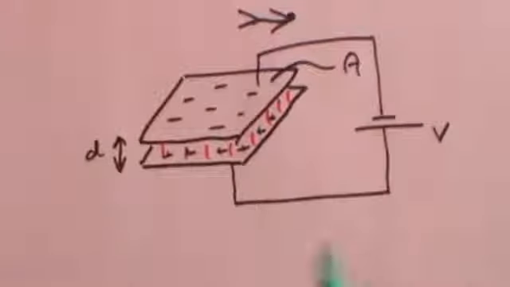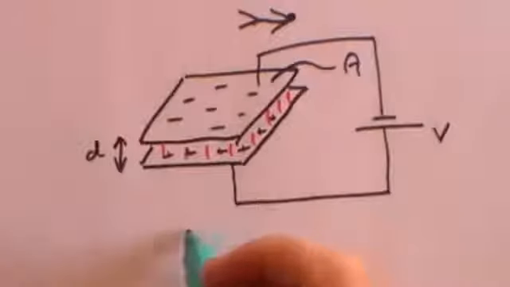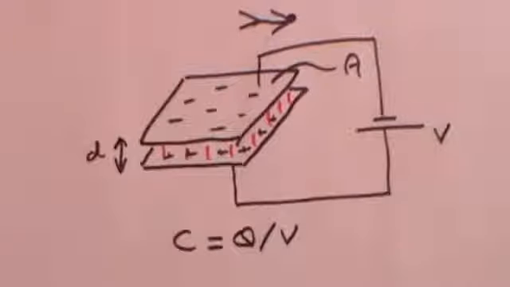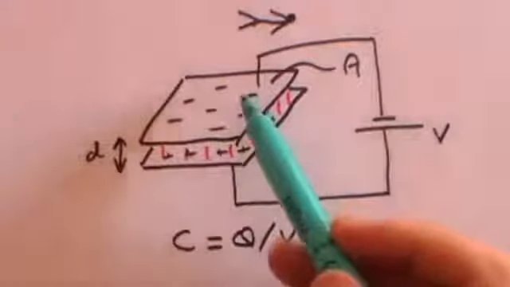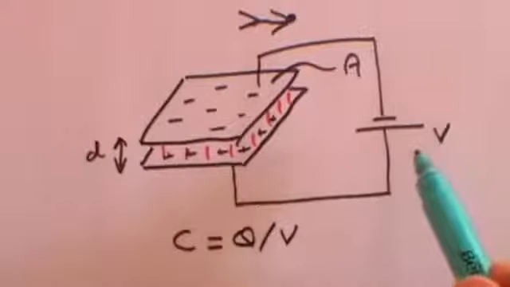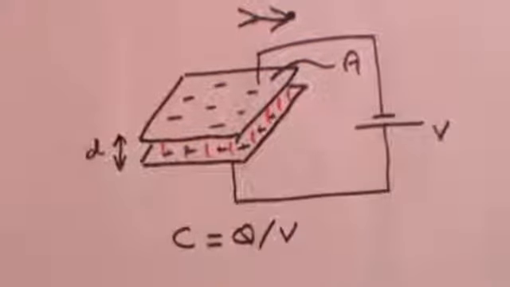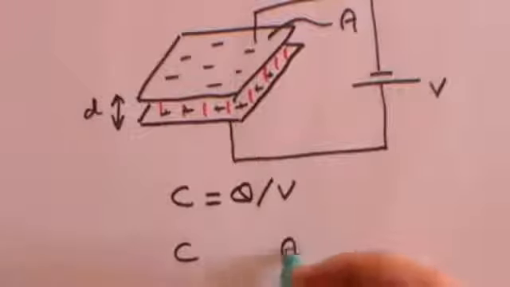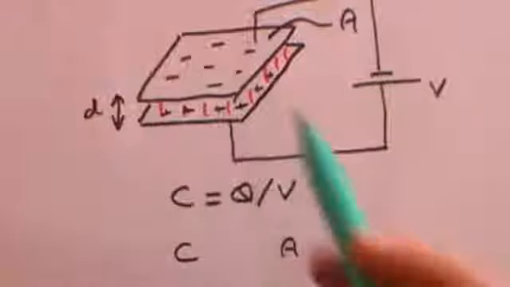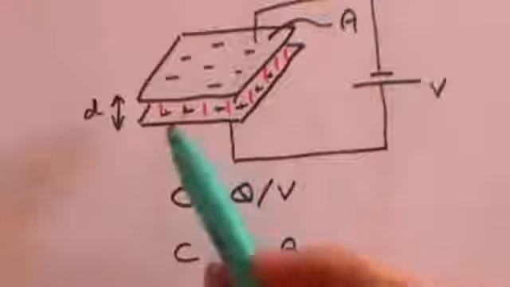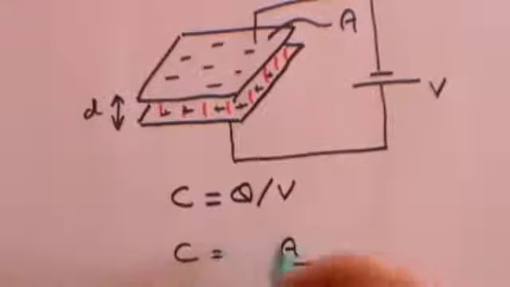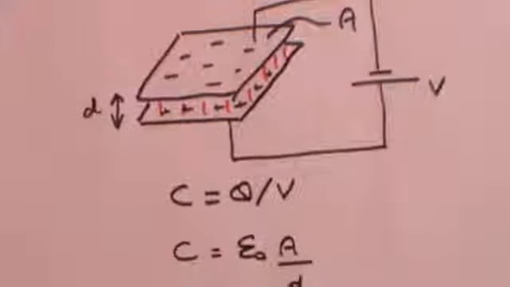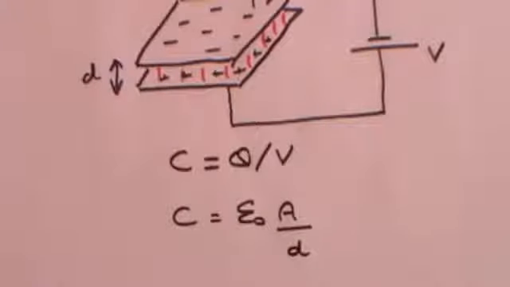From our video on capacitors, we established that the definition of capacitance was the amount of charge per volt. So it's the amount of charge on the capacitor determined by the voltage that is applied. We also learned that the capacitance was proportional to the area of the plate divided by the distance between the two plates, and the constant of proportionality was epsilon naught, which is the permittivity of free space.